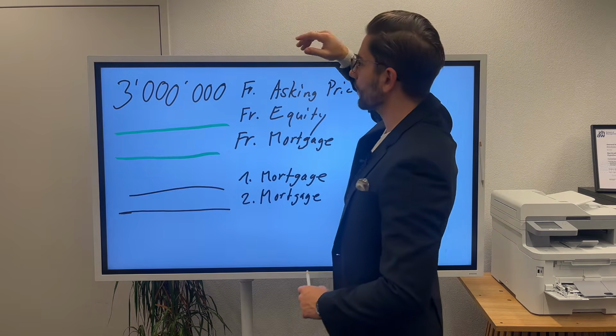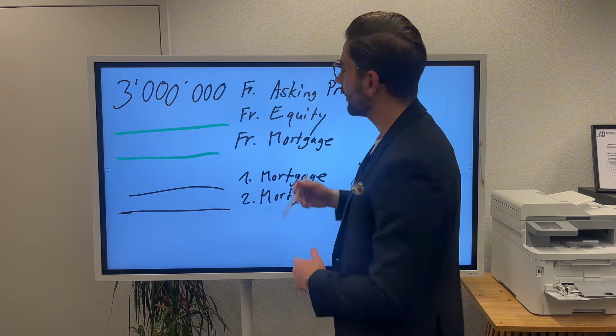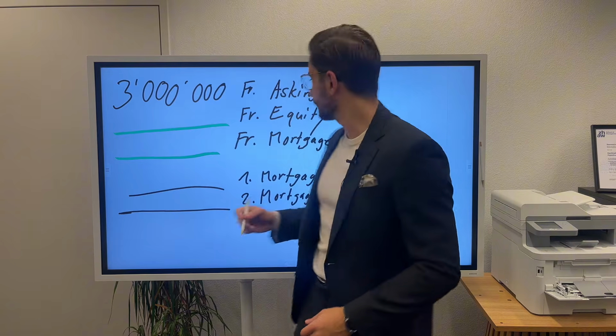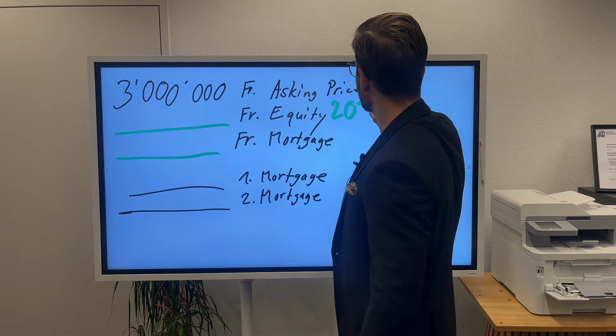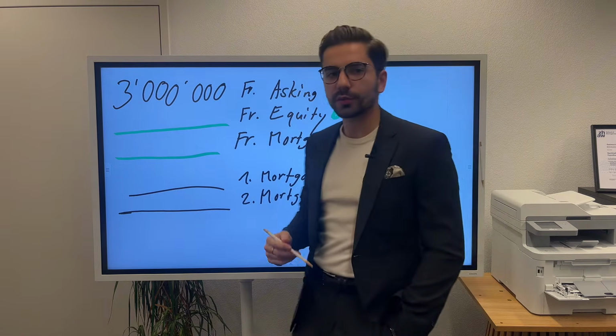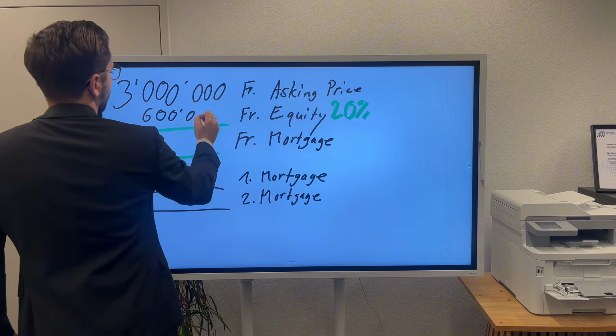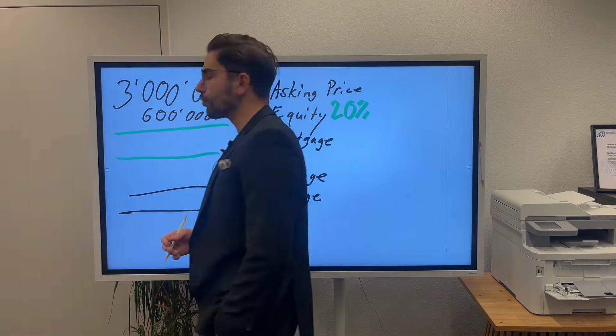Now, if you're going to buy a property for 3 million, you need equity. In Switzerland, you need to make a down payment of 20%. So 20% of 3 million will be 600,000. And there is a special rule.